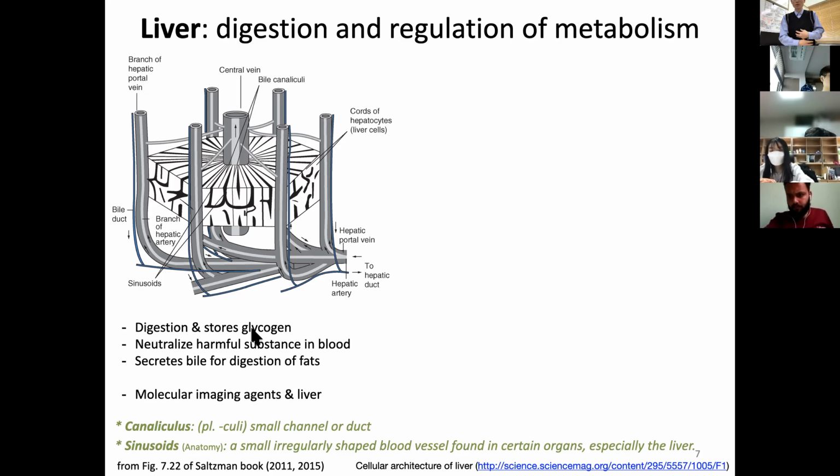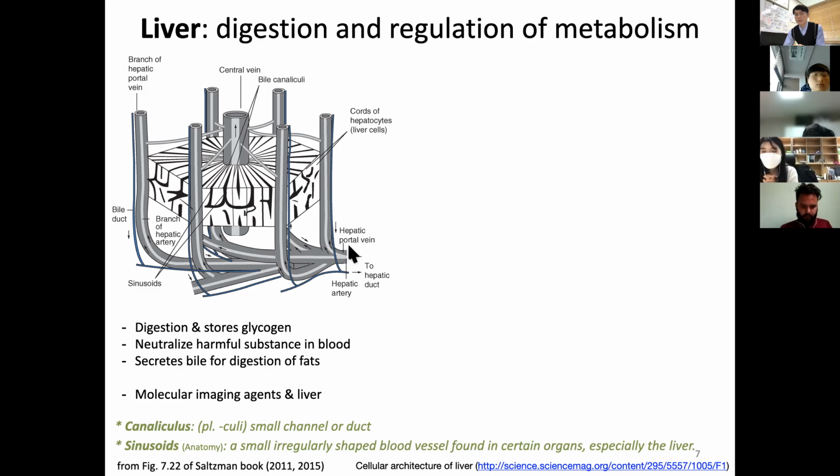Even tumor cells from, let's say, colon cancer, many times metastasize to the liver because of this anatomic structure of the hepatic vein. They all get into the liver first, okay? So you look at that, there's a hepatic vein, but the name is important: portal vein.